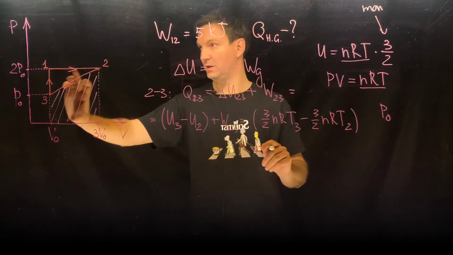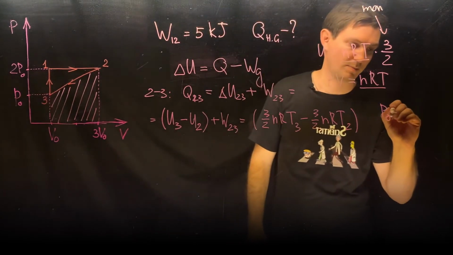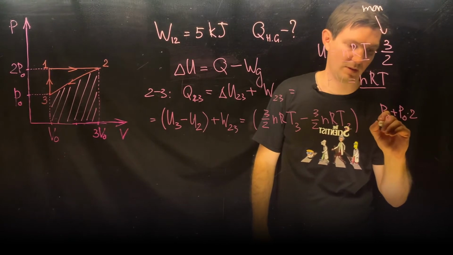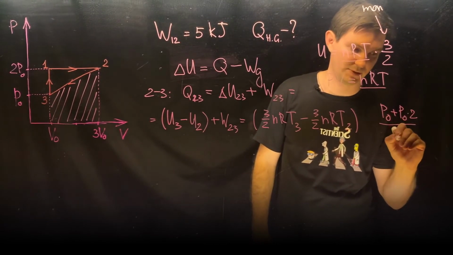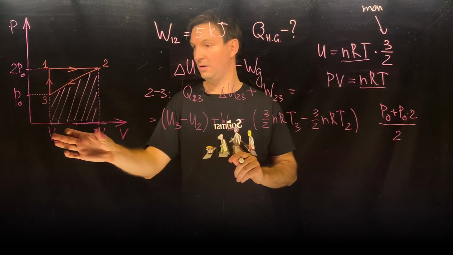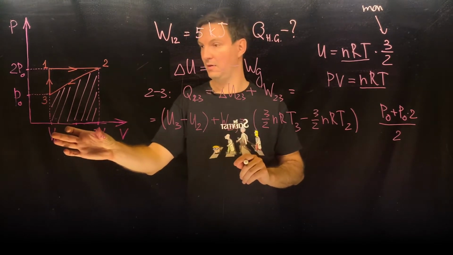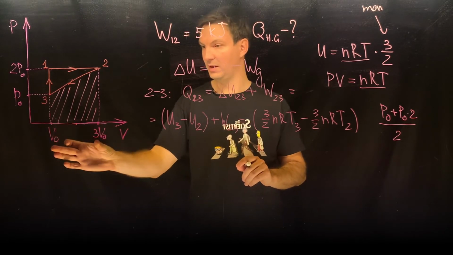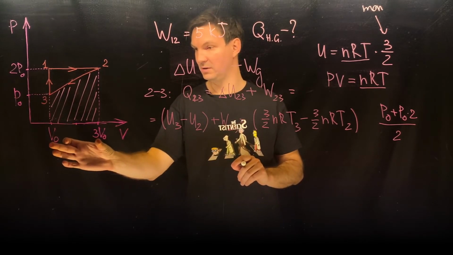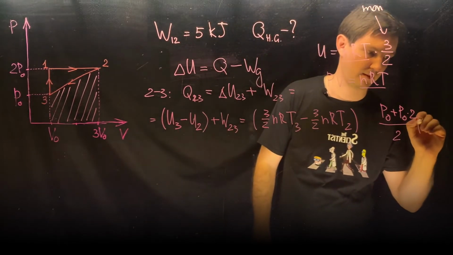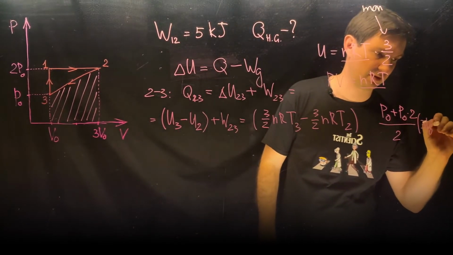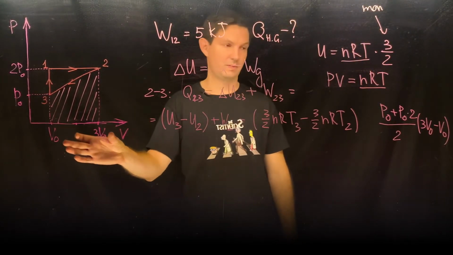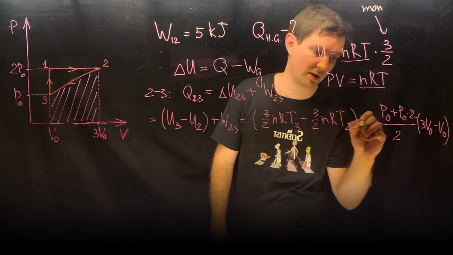The second base is 2P0, divided by 2, and we must multiply it by the height of the trapeze, and the height of the trapeze is this segment, 3V0 minus V0. And we must write down here minus.